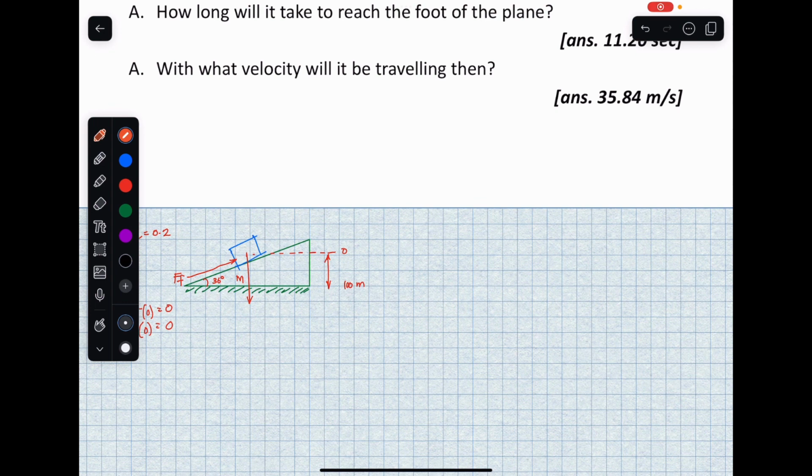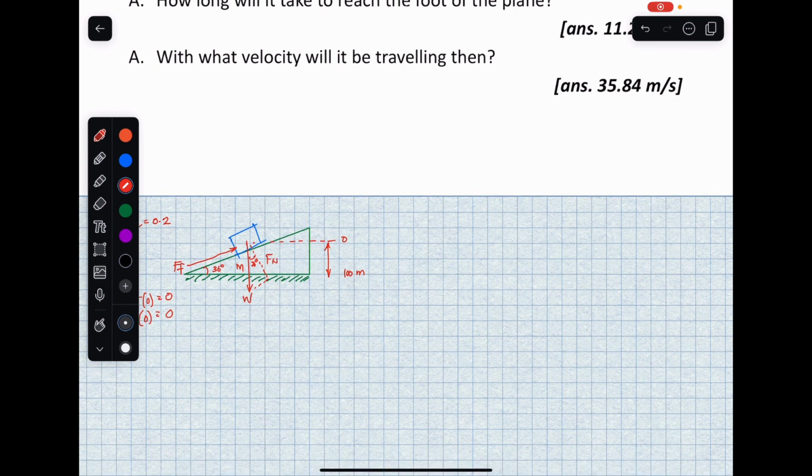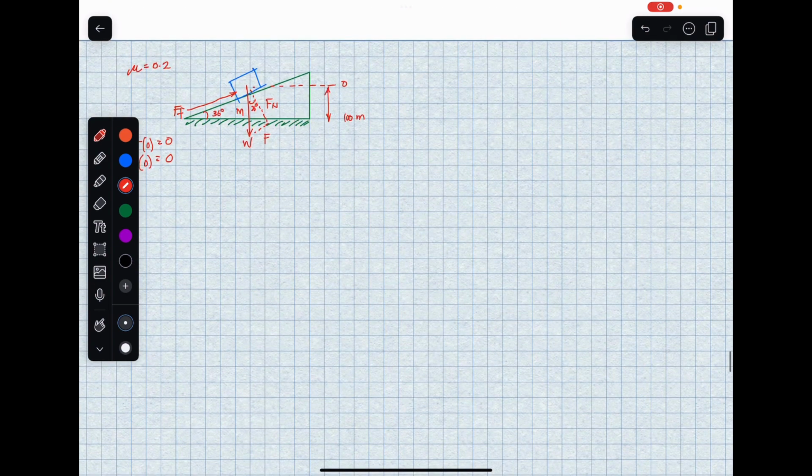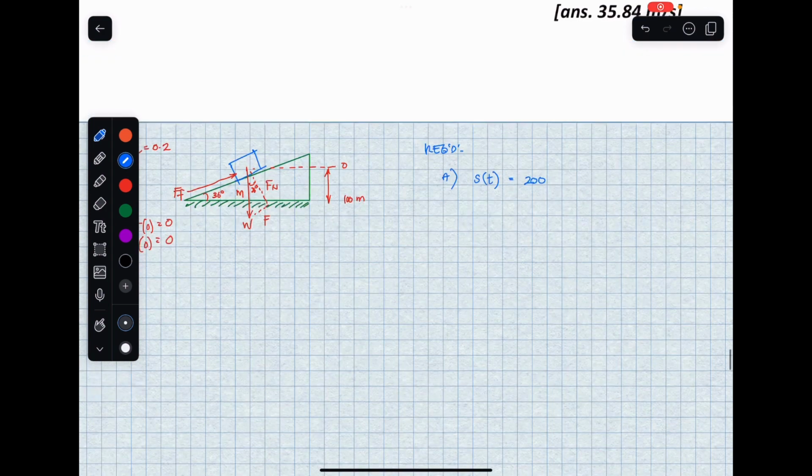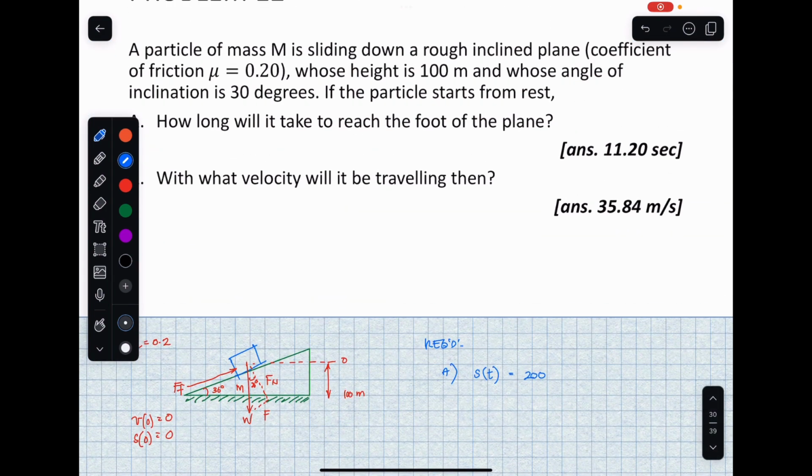Let's say I'm assuming that this is the weight. So this is 30 degrees. This would be the normal force, and this would be the force F. By the way, our requirement is, after how long will it take to reach the foot of the plane?